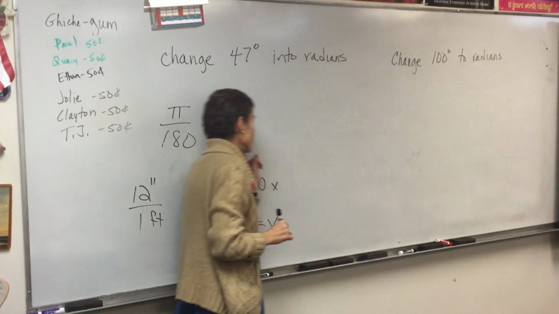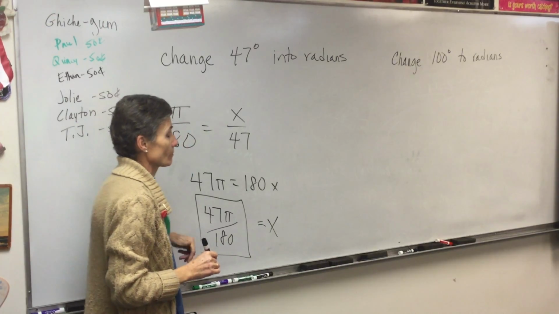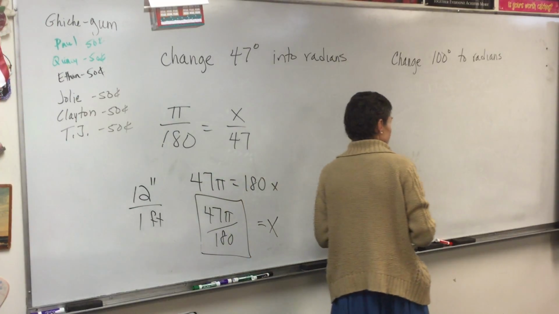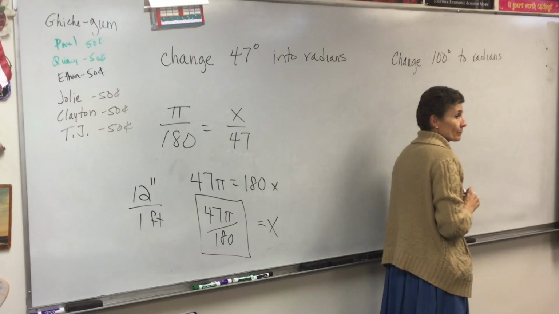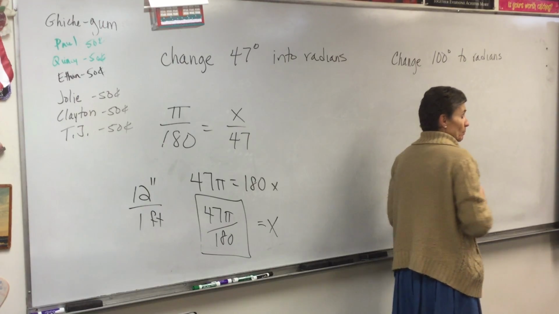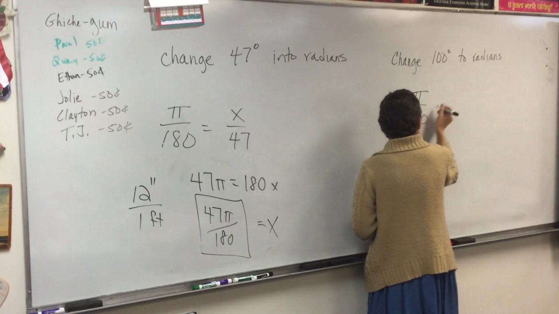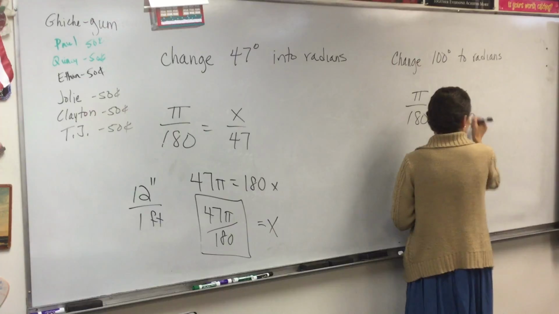On your paper, you're going to do exactly this. So you should be setting up a proportion. What's that proportion going to say? Pi is to 180 as x is to 100.